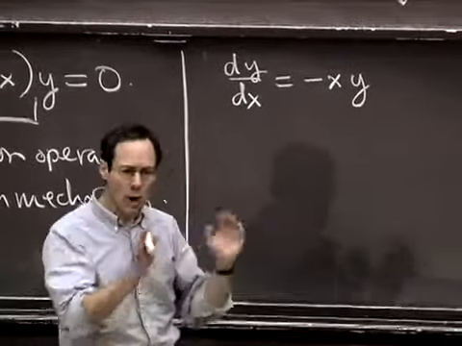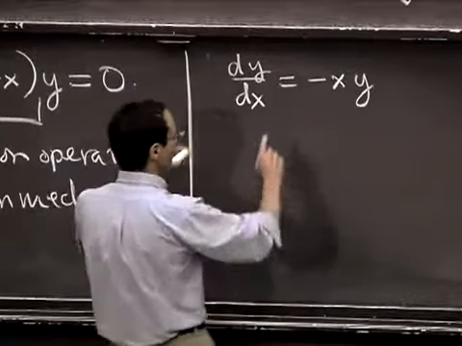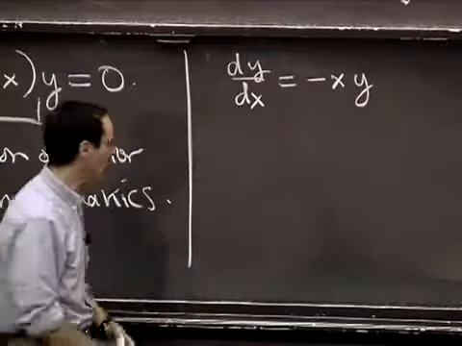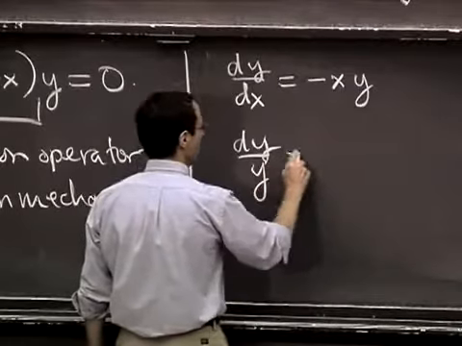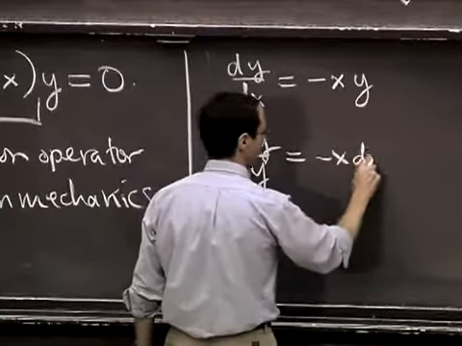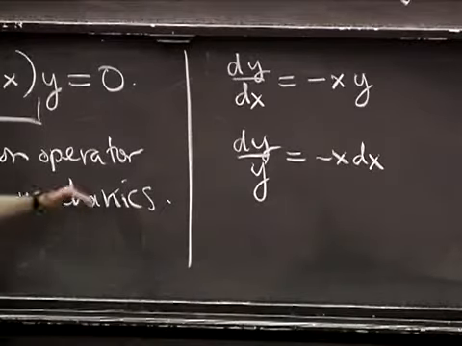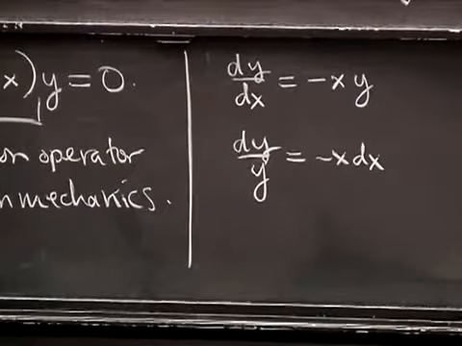But there is a remarkable trick which works very well in this case, which is to use multiplication, to use this idea of differentials that we talked about last time. Namely, we divide by y and multiply by dx. So now we've separated the equation. We've separated out the differentials.